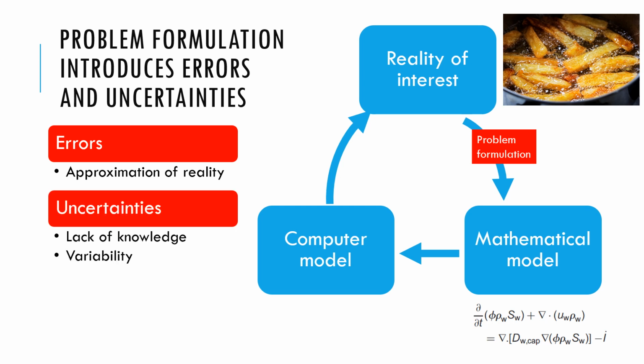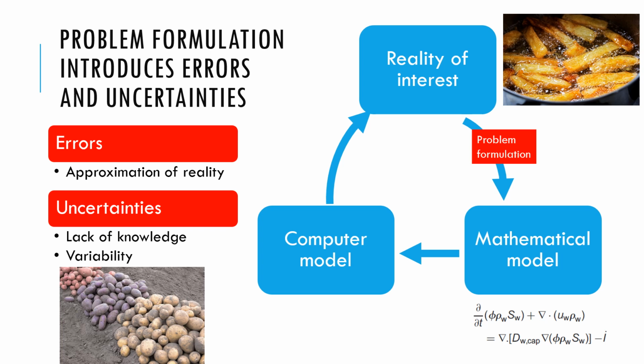One of the obvious ones is uncertainty due to natural biological variability. For example, if we are using potato properties in a model, then not all potatoes will, of course, have the same property. And so it is very important to be aware of this uncertainty in the model.